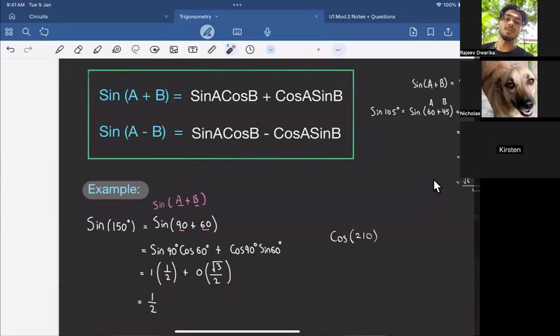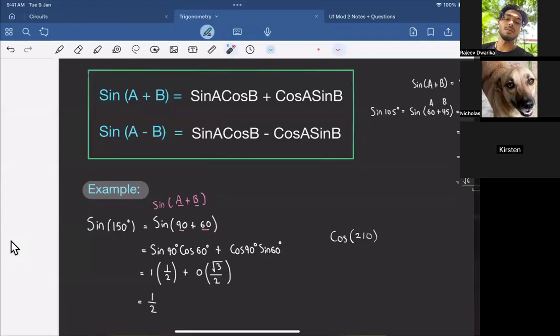Kirsten, does your calculator give you the exact answer? Put sine 60 in your calculator. Tell me if you get root 3 over 2. Okay, yeah, Nicholas, that's good.